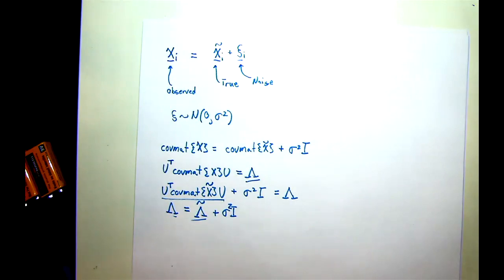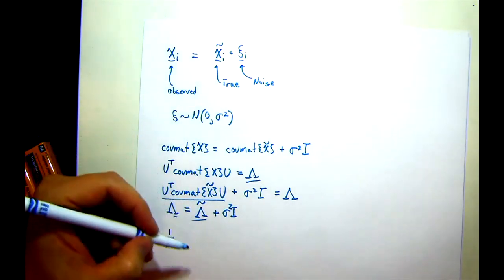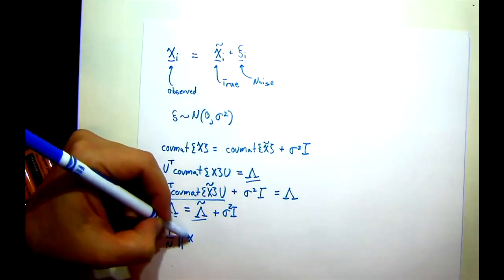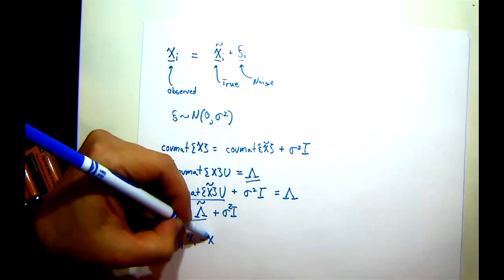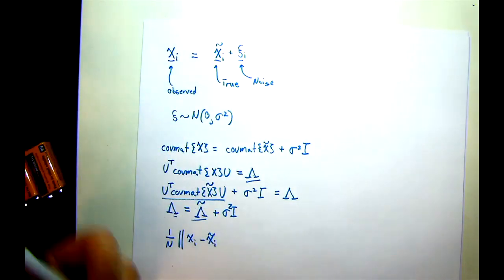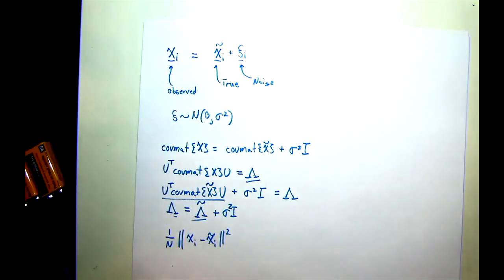Now we can consider how much error we have on the observed values versus the true values out in the world. For that error, we can just take the mean error. We end up with x_i minus x tilde_i.